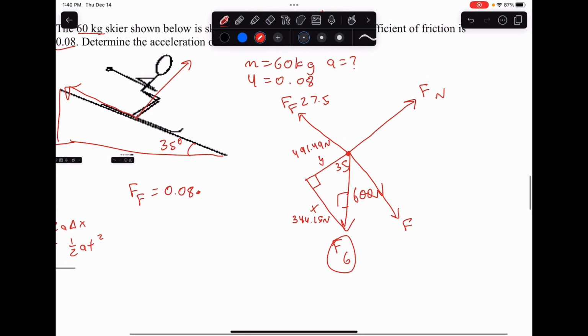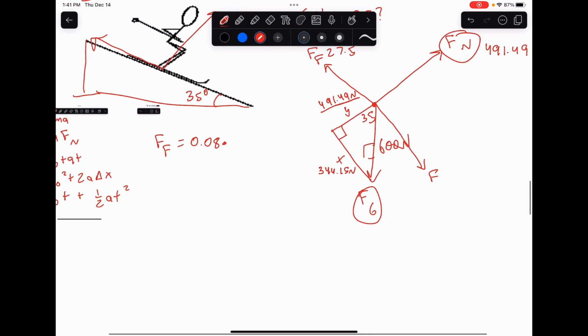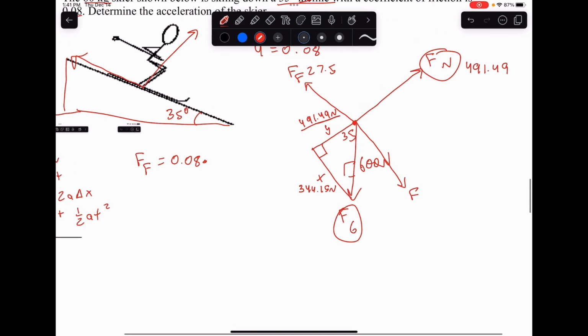Because you got to think about it like, take the perpendicular value for the force normal. So we're going to have to take this one, which I guess we're going to take as this. Okay. So times 491.49. And now we get the force friction is 39.32. Yeah, kind of forgot that for a second.